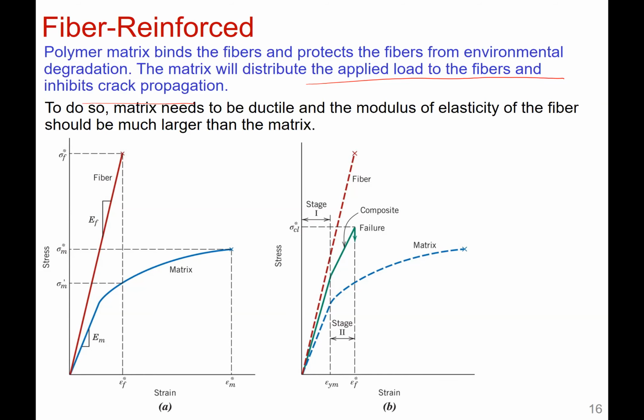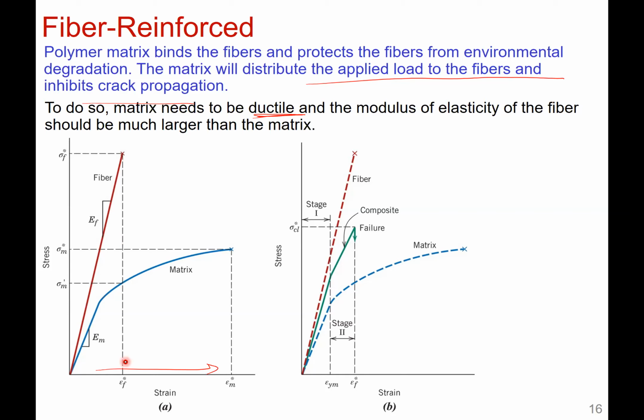So the matrix has to be more ductile. Here you can see the fiber in red. The stress strain curve for the fiber is much less ductile. In fact, it's stronger, but it's quite brittle.